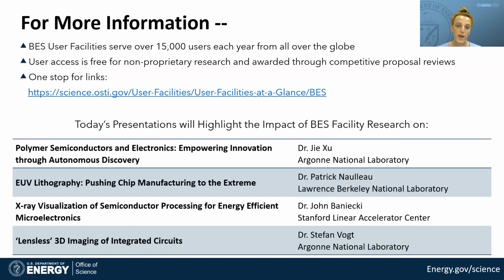But it's basically free for access for non-proprietary research. And it's awarded through a competitive proposal review system, which is managed by the facilities themselves. So rather than giving all the links, here's one link where you can get to all the facilities. And this is on the DOE Office of Science website.